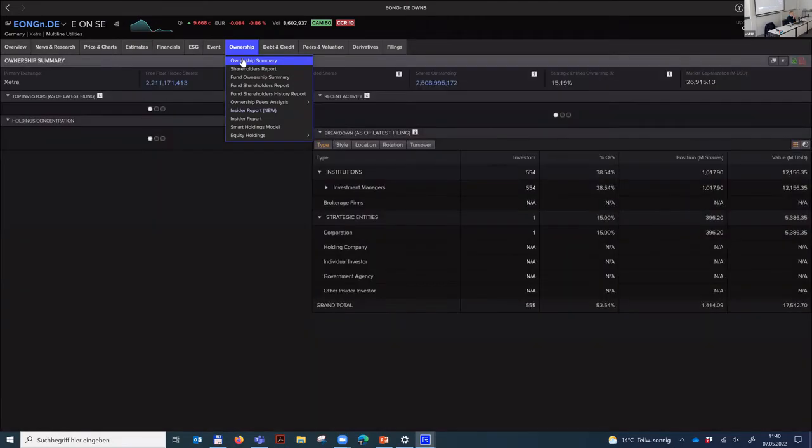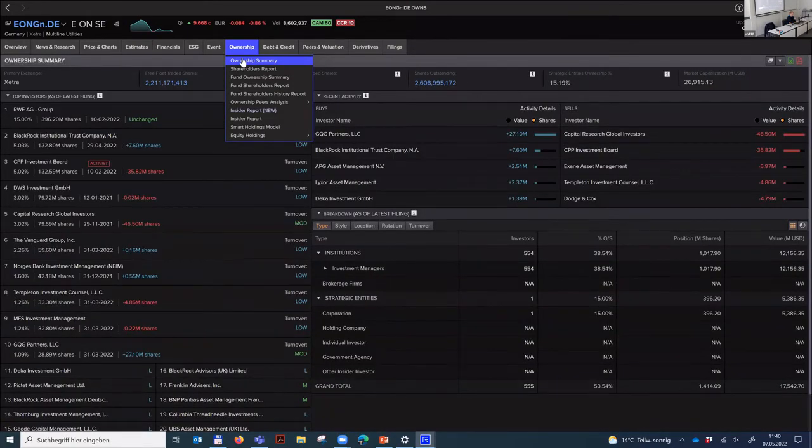If you go to ownership, you directly see an overview on which are the big investors. Obviously, since the deal between Eikon, RWE, and Energy, we see a huge stake of 15% of RWE at Eikon. The second is directly BlackRock. Third one, CP Investment, WS, DBS, so very clear, and Vanguard, Norge Bank Investment Management.